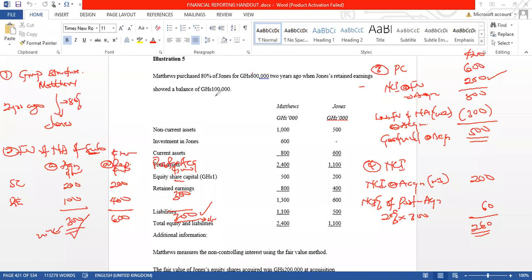Workings 5, group reserves. Start with the parent, right? 100% of the parent.